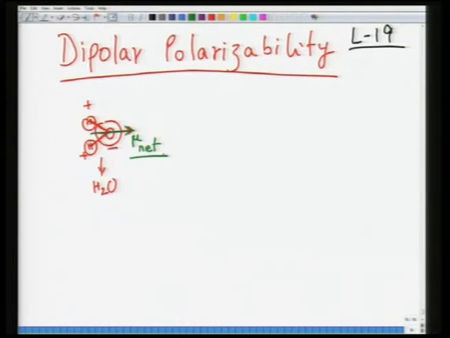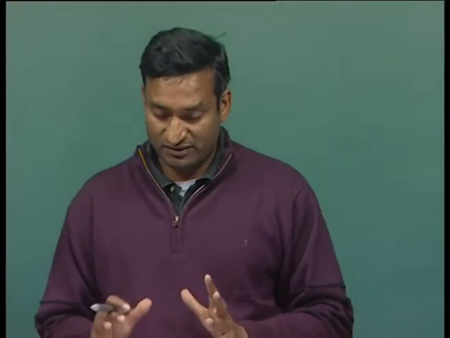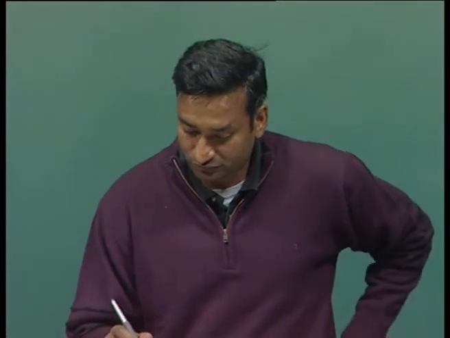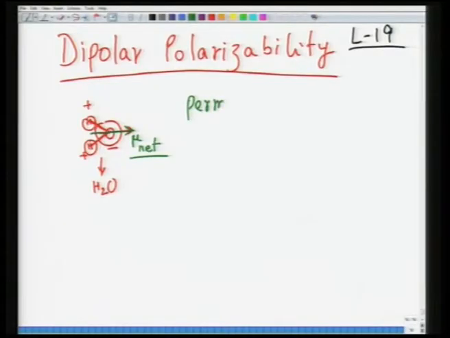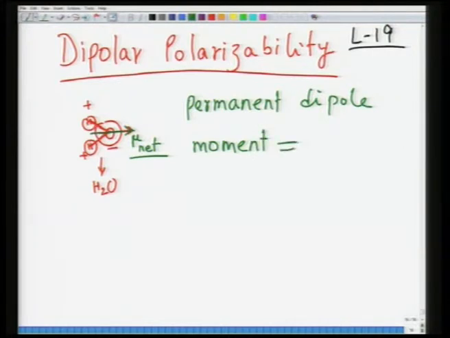Each of these molecules has a permanent dipole moment, and these materials are called polar materials. So a water molecule has a permanent dipole moment, and as a result it will be called a polar material.